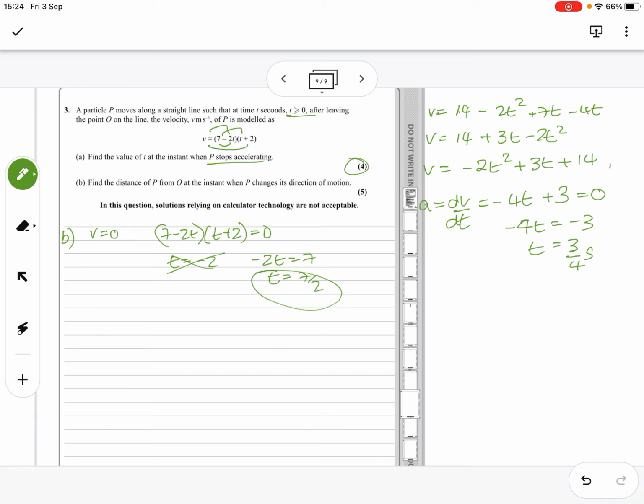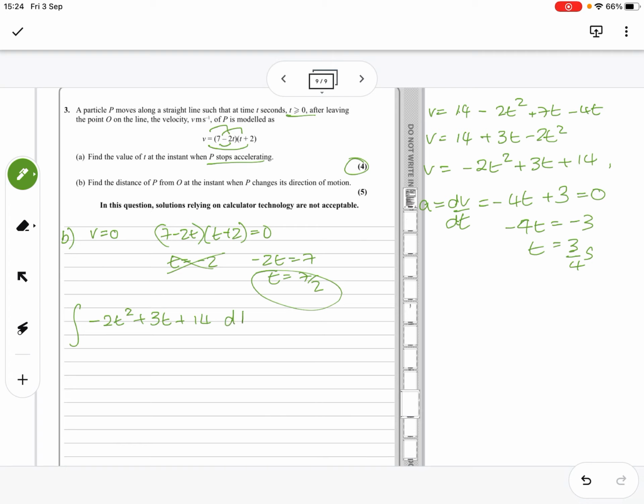So find the distance. So we now want the distance. To get the distance when we've got a velocity time graph and a variable acceleration, we need to integrate the velocity. So we had minus 2t squared plus 3t plus 14.